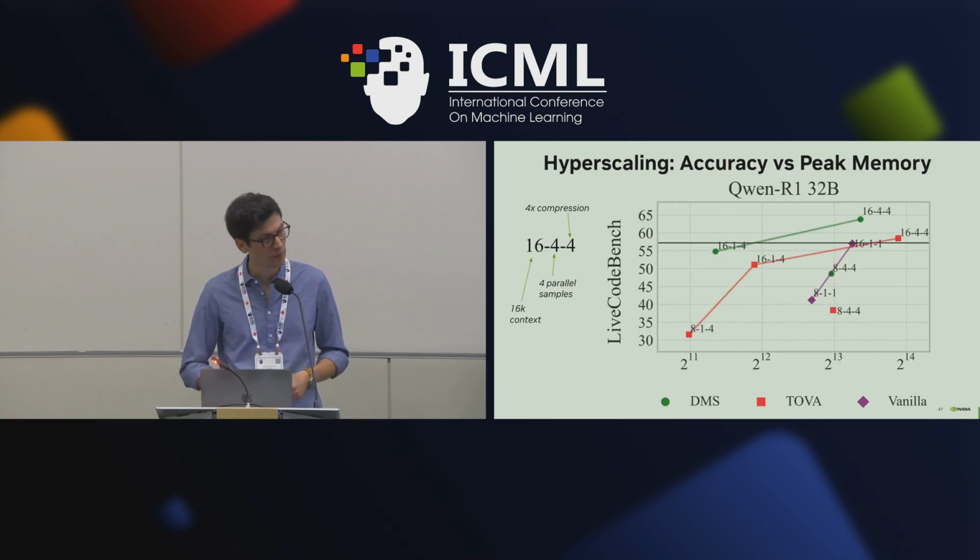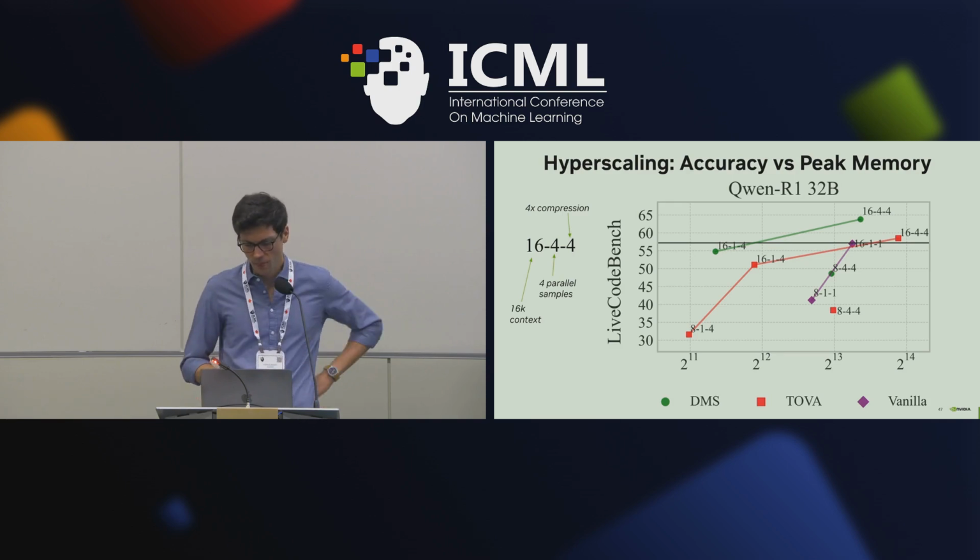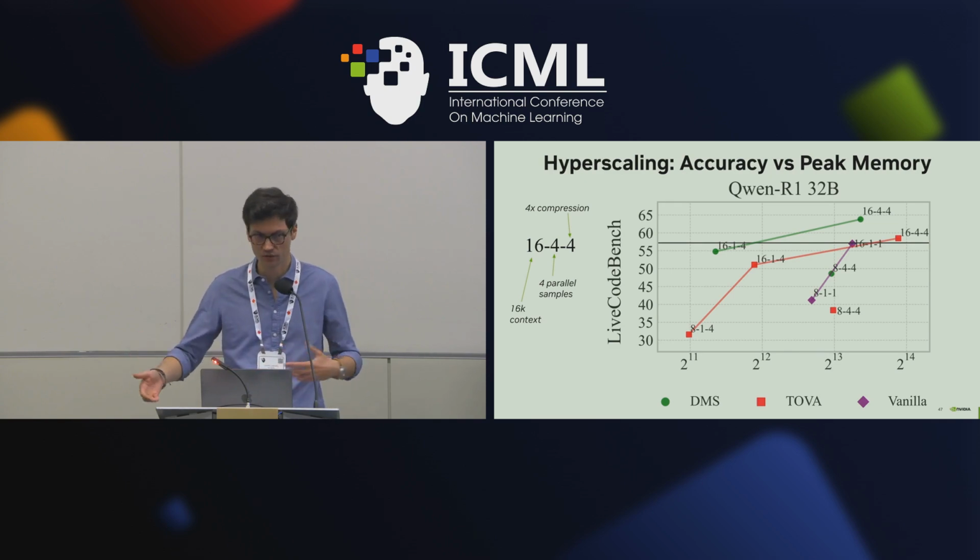Here we're looking at the peak memory that the model is using. This is a different baseline because Quest is not saving memory, so here we're using TOVA as a baseline. And peak memory is also important because when you are considering a long reasoning chain, you can run out of memory. And again, we got a dominating Pareto front.